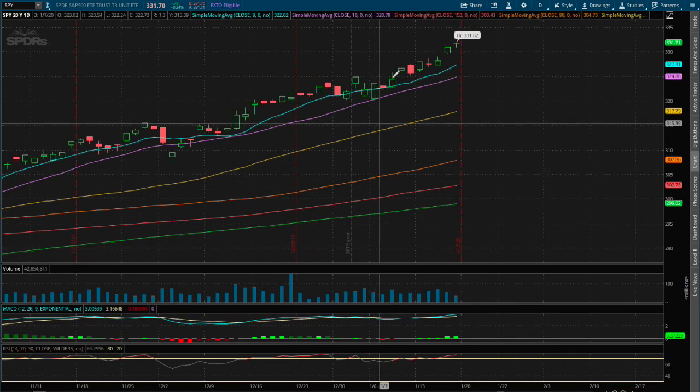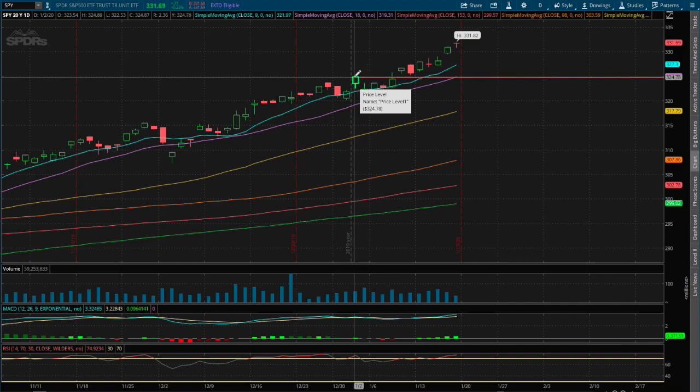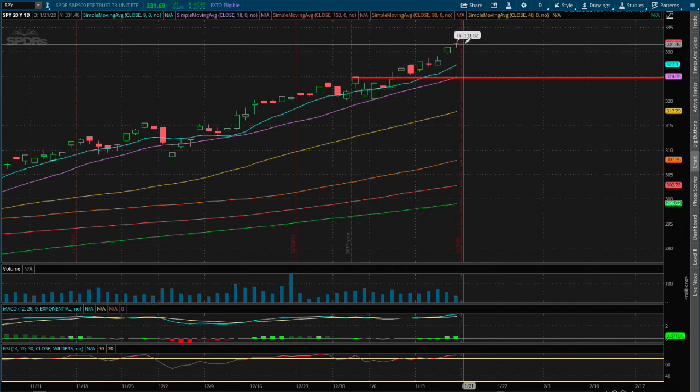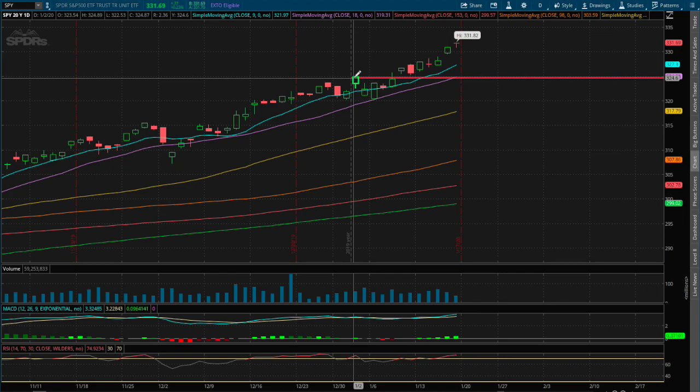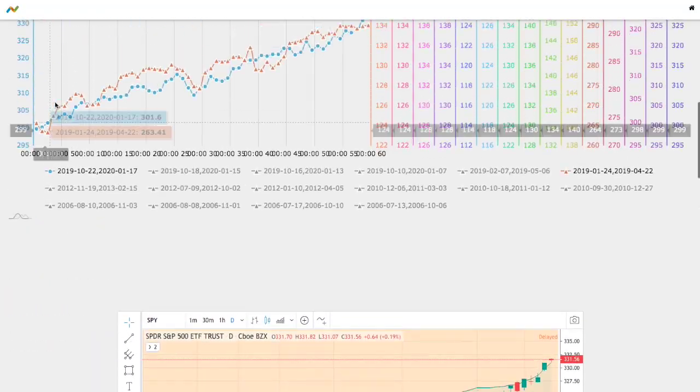If we were to reverse this trend and head down lower, I do see a possible support at the 18-day moving average, this purple line, around the price of $324.80, and that acts as our past resistance, and since our price is above that resistance level, that now acts as our support. So let's head to the day-by-day probability model.